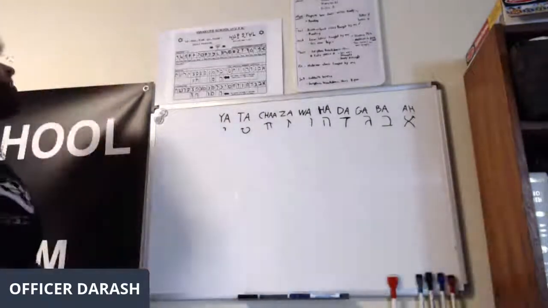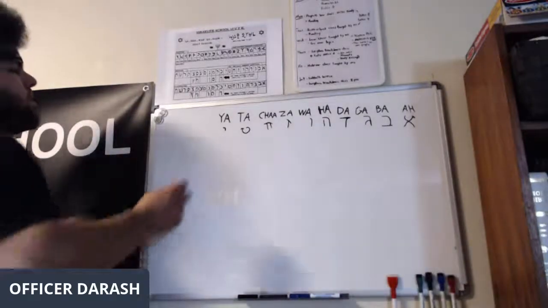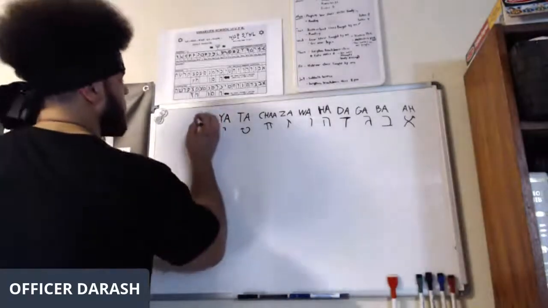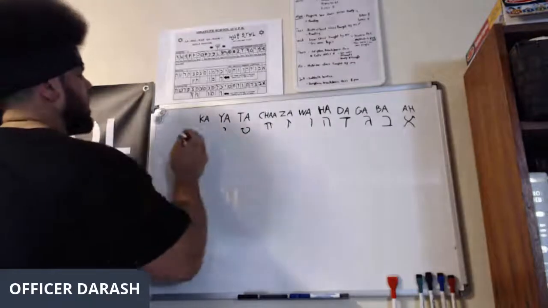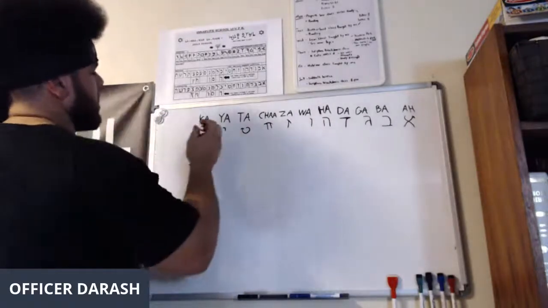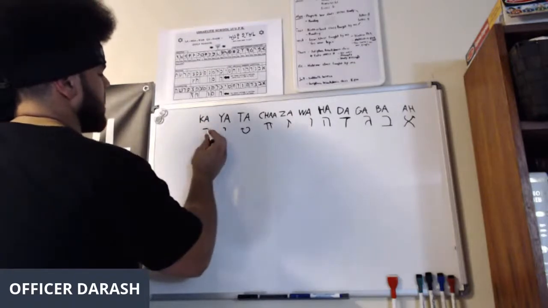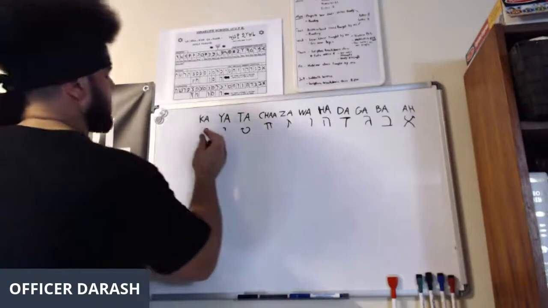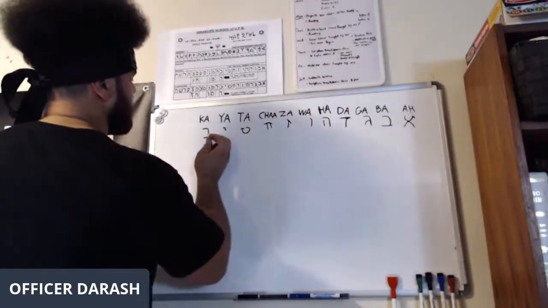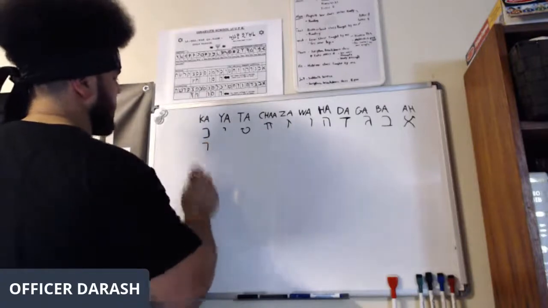All right. Next would be the Ka. Now, again, let me show you something. So here's what makes the Ka sound. If it's at the beginning or the middle, anywhere in between a word, it looks like this. If this character is used at the end, it looks like that.